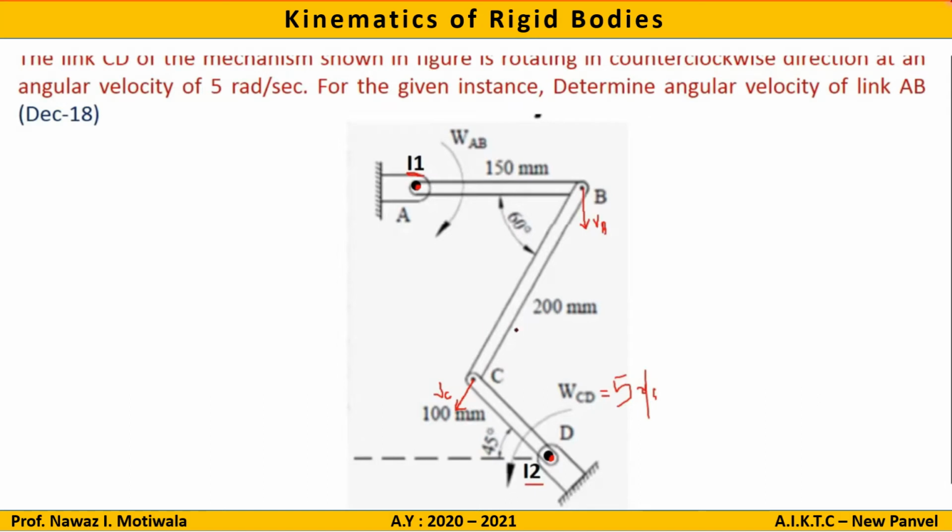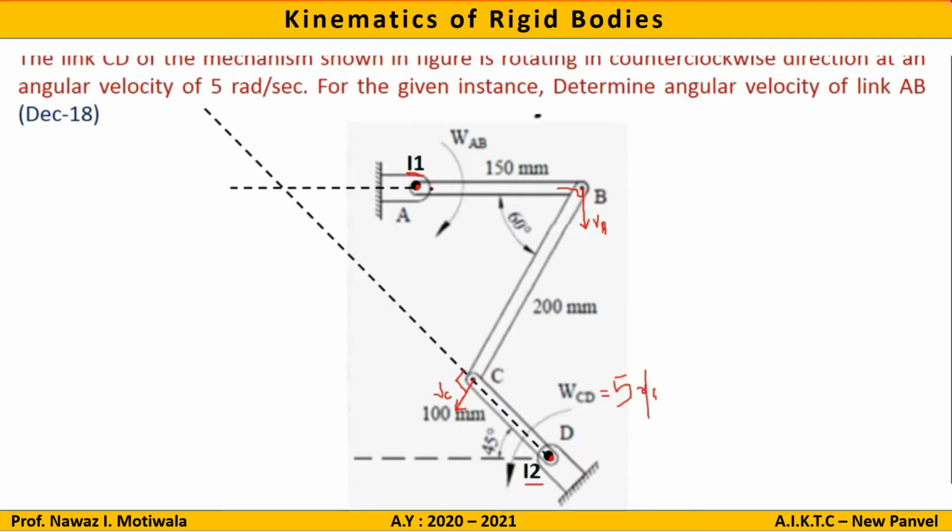Now what is the criterion? Draw perpendiculars to the velocities. One perpendicular here, perpendicular to the velocity at C, and one perpendicular here, perpendicular to the velocity as well. So I got this by the conceptual method. If I go by the shortcut method, you just extend the links which are hinged.